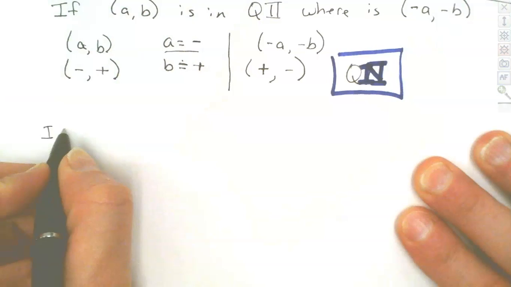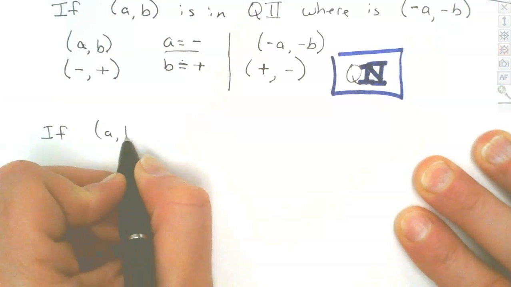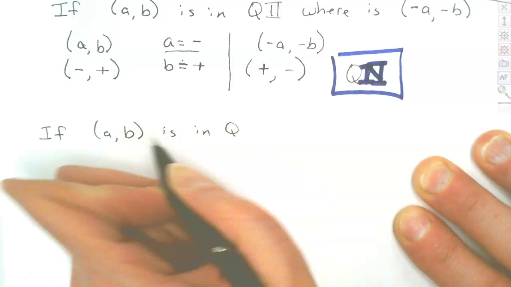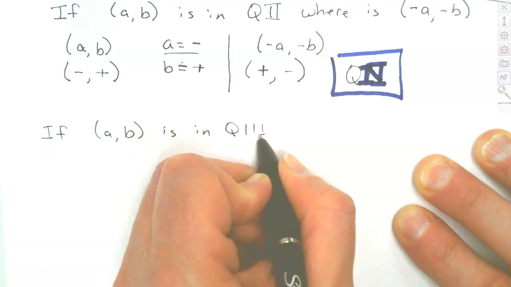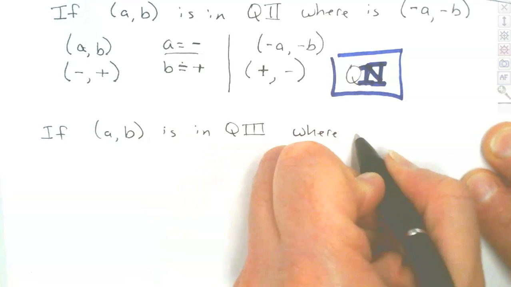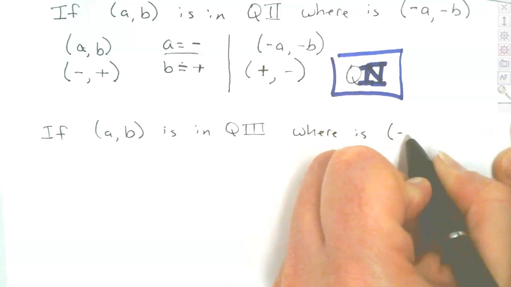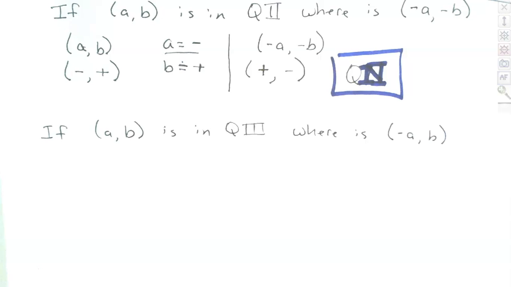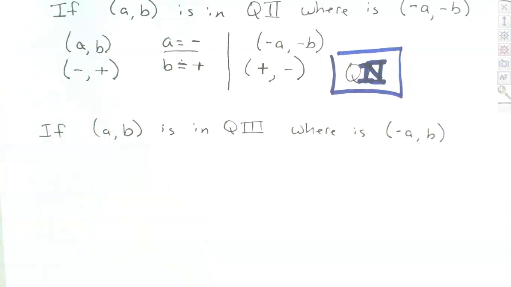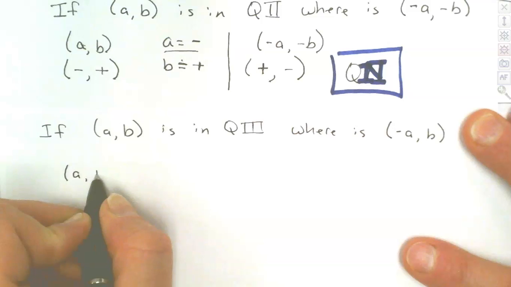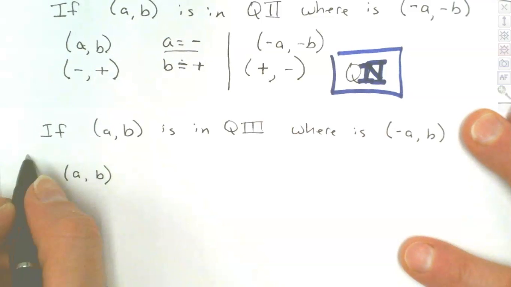So let's say if AB is in quadrant 3, where is negative A, B? The first thing we need to look at is the signs of A and B. So we've got A and B, and this is in quadrant 3.